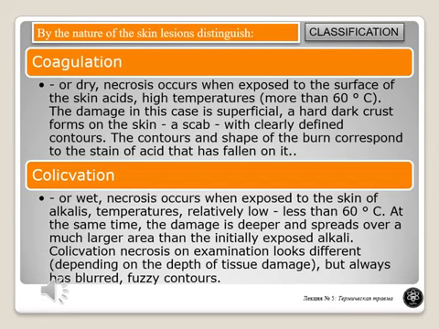Colliquation burn is a wet necrosis. It occurs when the skin is exposed to alkalis, as well as to temperatures below 60 degrees Celsius. In this case, a deeper damaging effect spreads, slowly and gradually, unlike with acid burns.